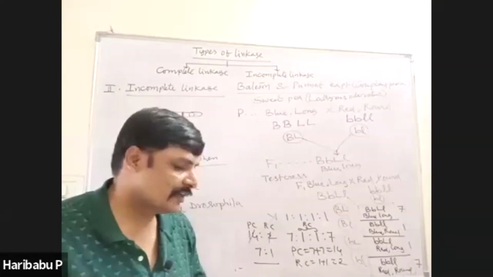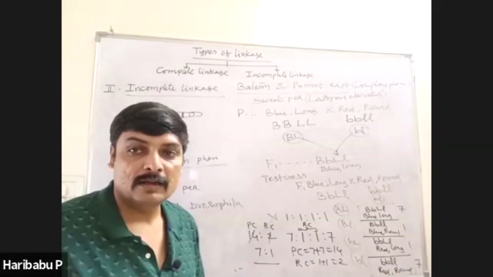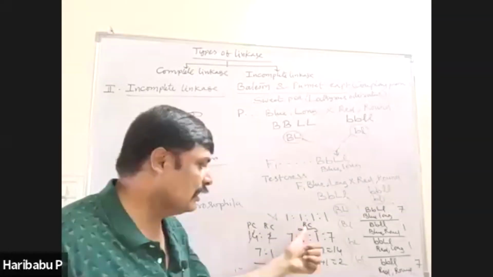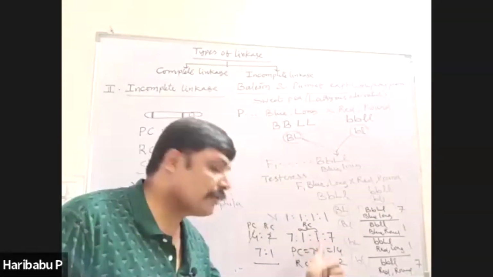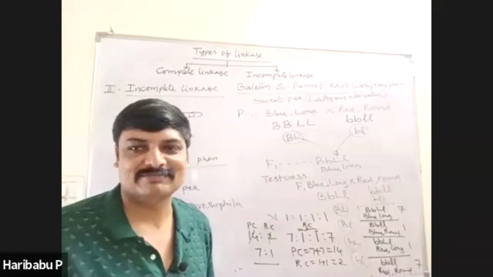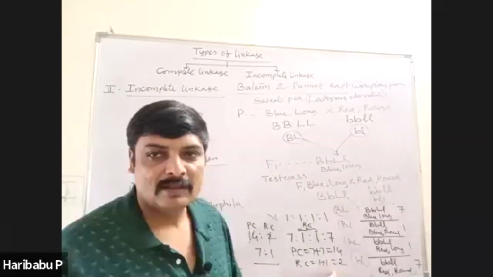So this cross indicates that here there is a crossing over. Hence, not only parental combinations, some recombinations are obtained. Of course, the number of recombinations is less. Right?